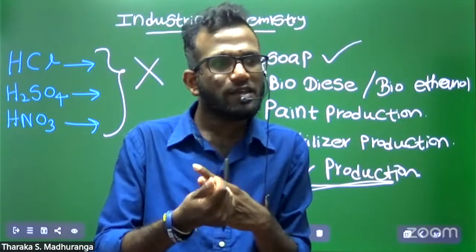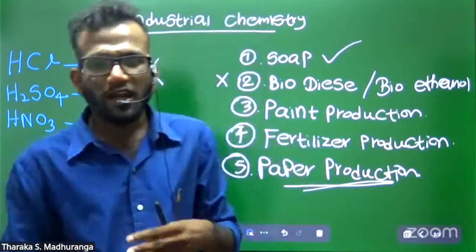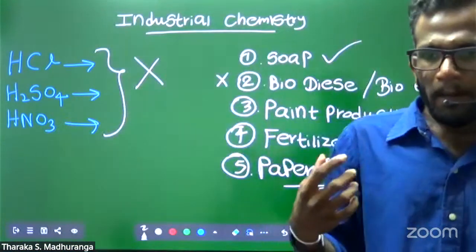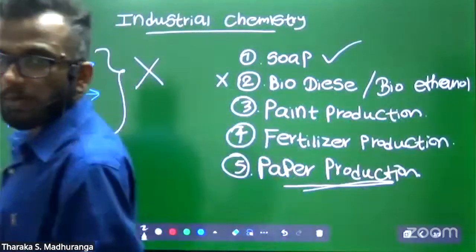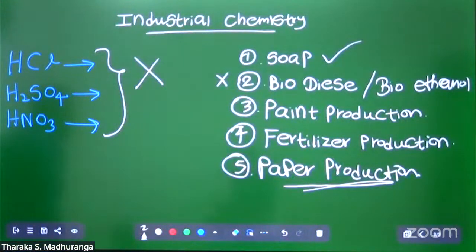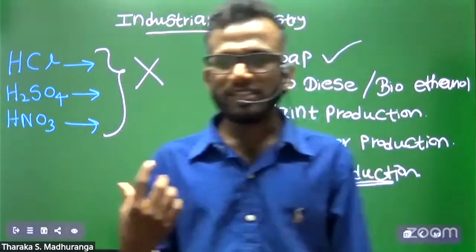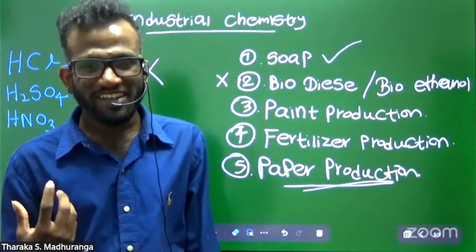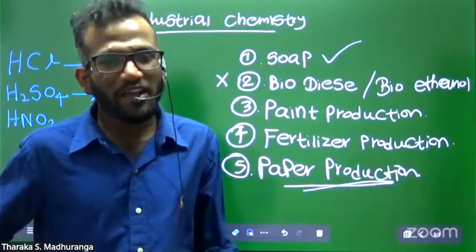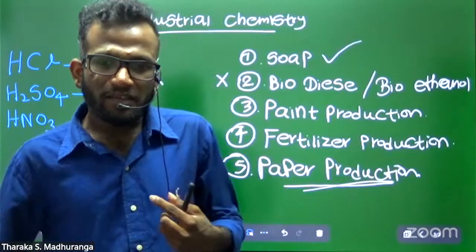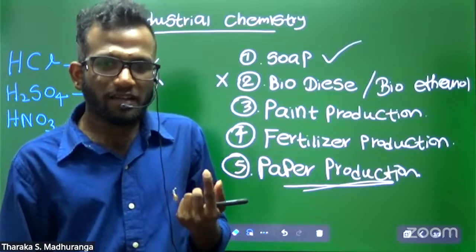The problem is, what is the smell of the produced soap? Okay, the final product, how about the smell? Yeah, very bad smell. Yeah, that's the problem. The final product and color, it's like sunlight.